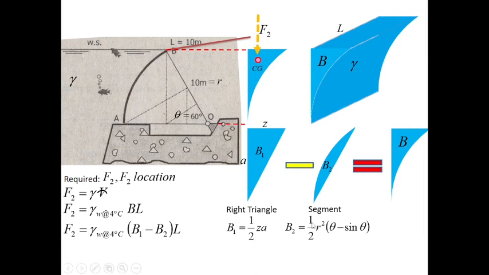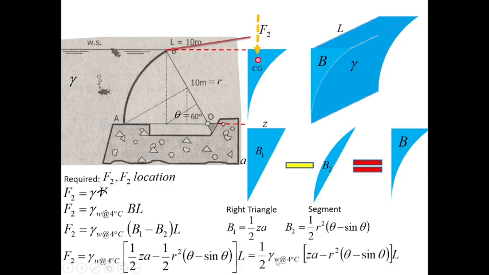So, and then, ito yung ngayon ng result. B1 is 1/2 ZA, B2 is 1/2 r squared, theta minus sine theta multiplied by L. So, ang resulta, 1/2 of the unit weight of water at 4 degrees Celsius multiplied by, finactor out ko muna yung 1/2, pwedeng ilabas kasi common factor siya.